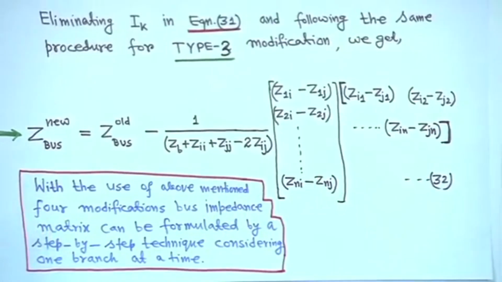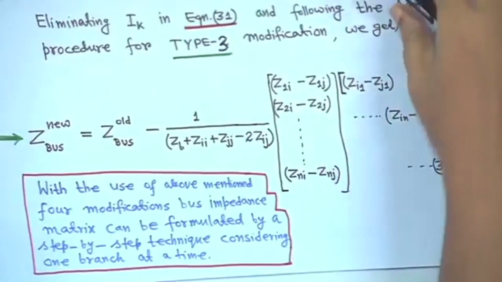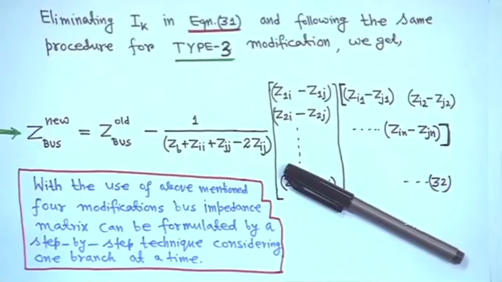So, there are 4 types of modification. First, we have to assume some old buses, new buses and the reference bus, and from there we start constructing, forming that Z bus matrix. But if some problem is given and you have to start from scratch, then how can one start? The reference bus is given, and any bus you start from scratch will be a new bus.